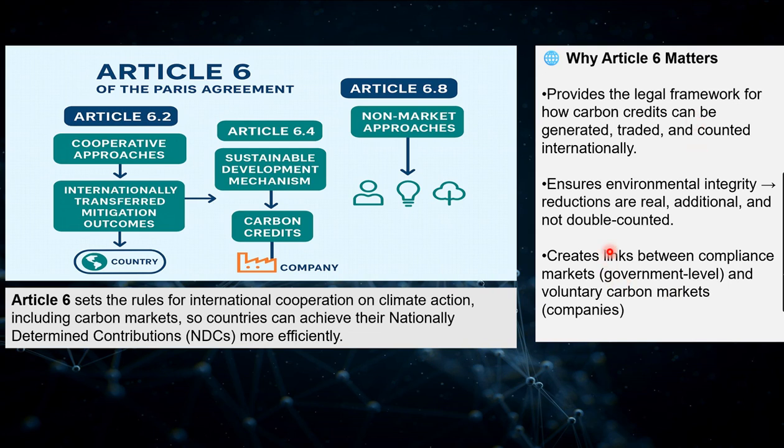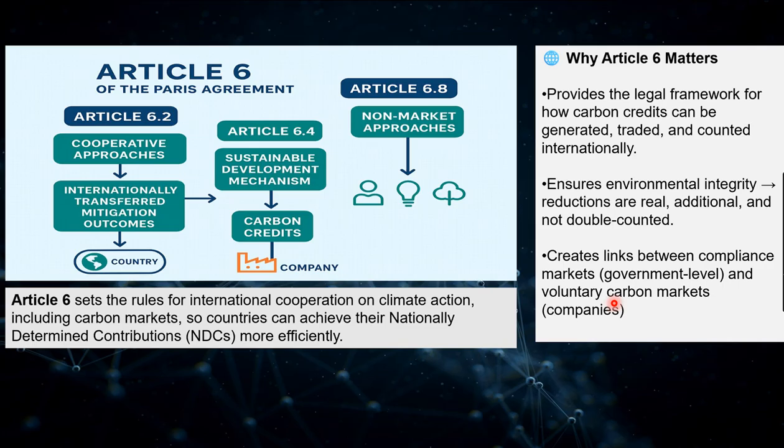It also ensures environmental integrity, right? So the quality and characteristics of carbon credits, and it also creates links between compliance markets and voluntary markets, right? So these are all the concepts of carbon credits, carbon offsets, and overall carbon markets.